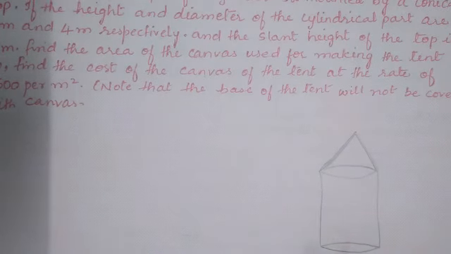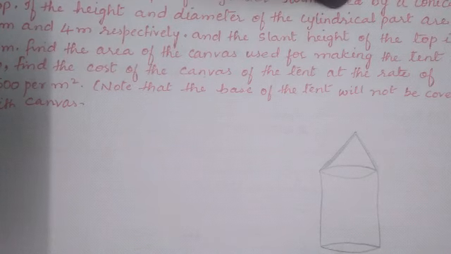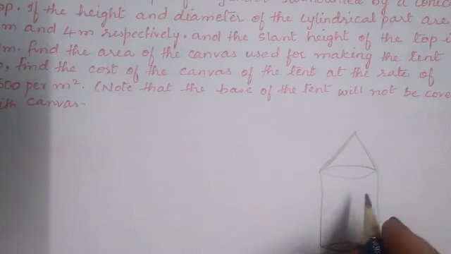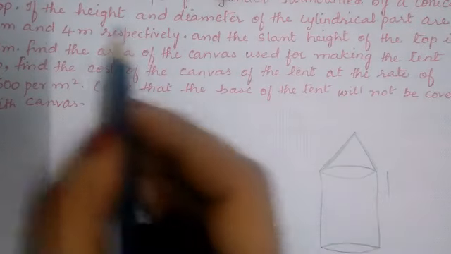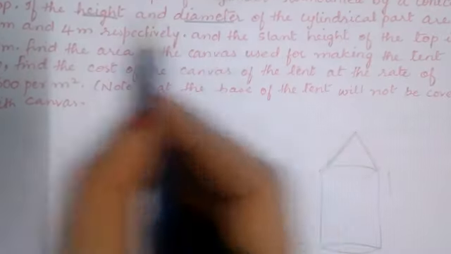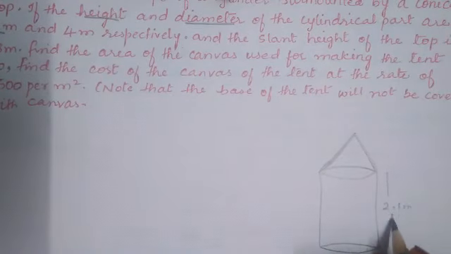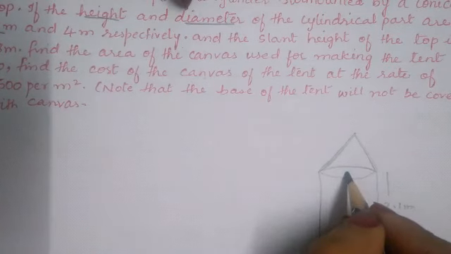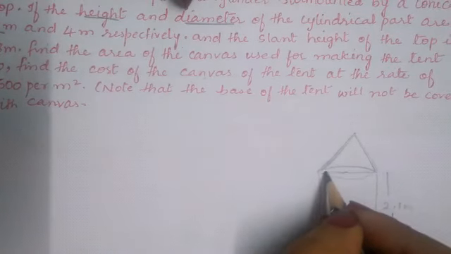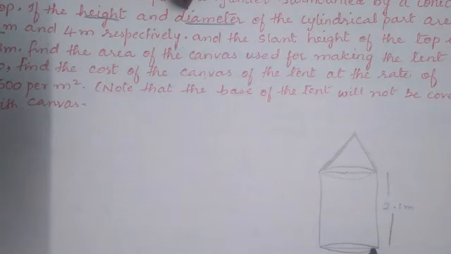How they have told, if the height and diameter of the cylindrical part are, first they have told height, then they have told diameter. So the first one, height, is 2.1 meter and they have told the diameter of the cylinder is 4 meter. Complete diameter of the cylinder is 4 meter.